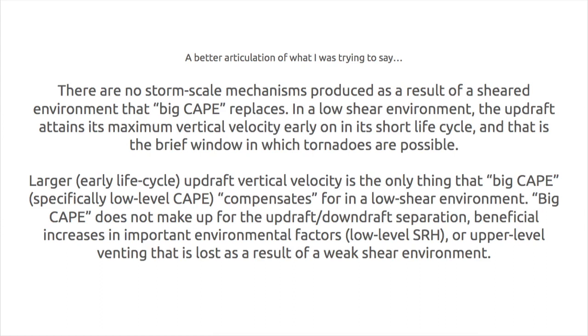Larger early life cycle updraft vertical velocity is the only thing that big CAPE, specifically low-level CAPE, compensates for in a low shear environment. Big CAPE does not make up for the updraft-downdraft separation, or beneficial increases in important environmental factors such as low-level SRH or upper-level venting that are lost as a result of a weak shear environment.